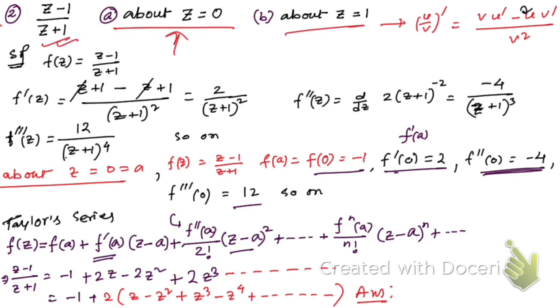Now let's find it about z is equal to 1. Let me copy these things, because we don't need to repeat them once already written. We're going to express the same function in Taylor series about two different points.